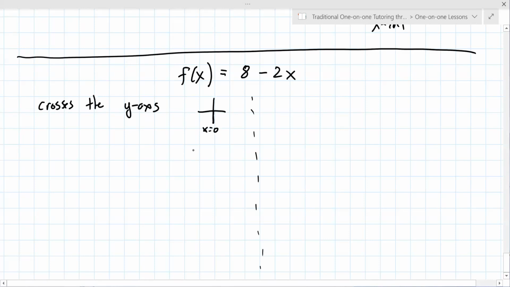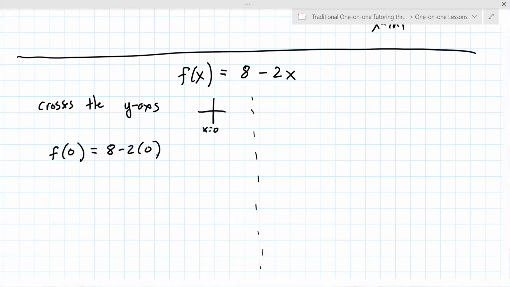So on the left side here, I want you to set x equal to 0 in this equation. I'm basically asking you to find f of 0. I'm asking you to put 0 in for x, just like you did in the previous problem.